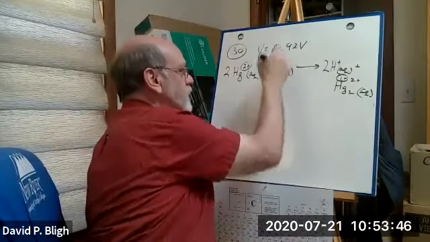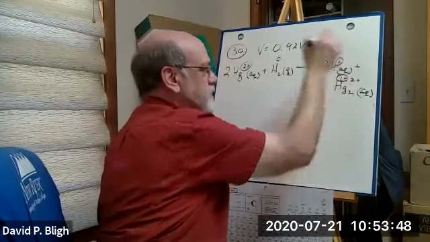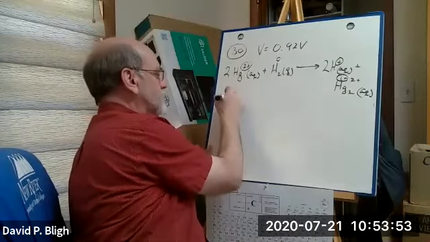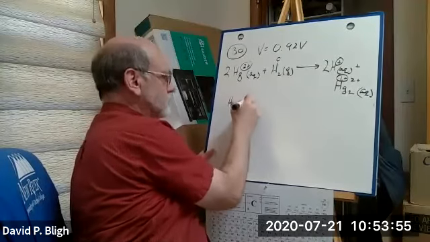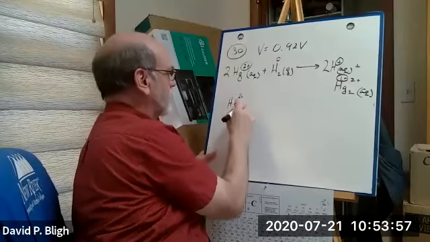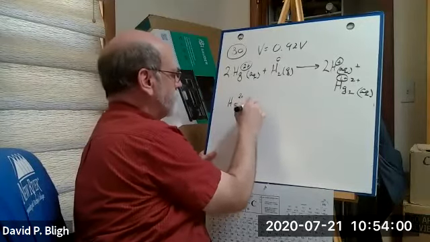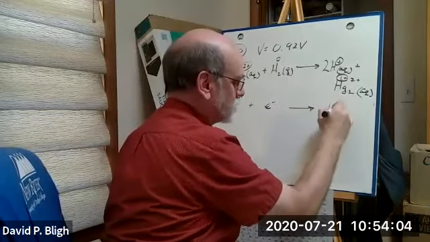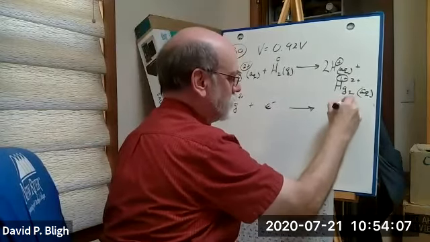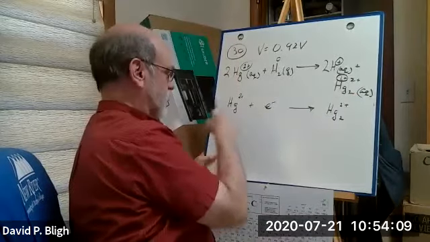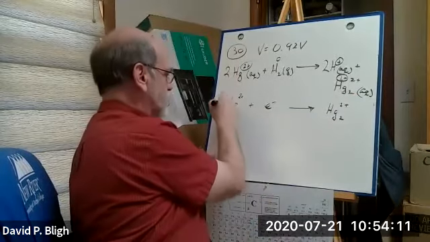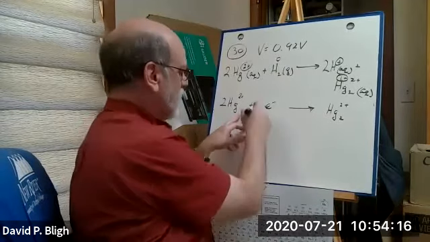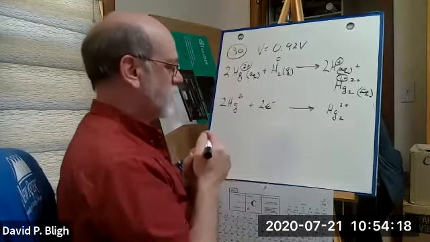This one is 0, and this one is 1 plus. So we have reduced this one by adding electrons to make this one. And 1 electron for each, so that means we need 2 of these. And 2 of these. There we go.